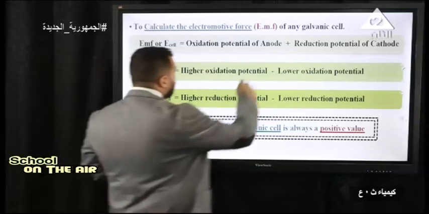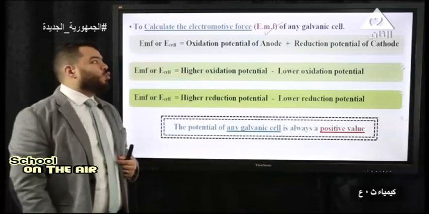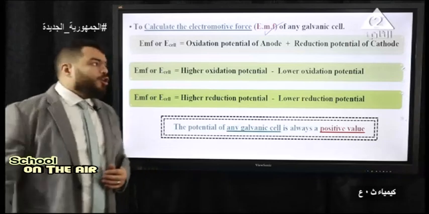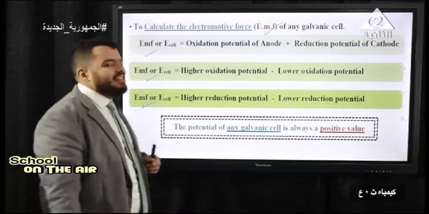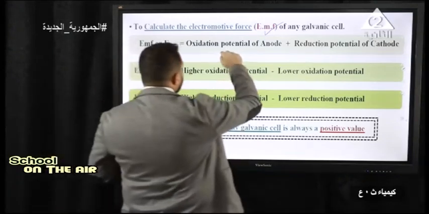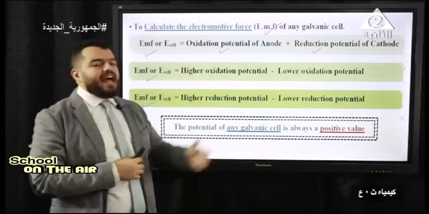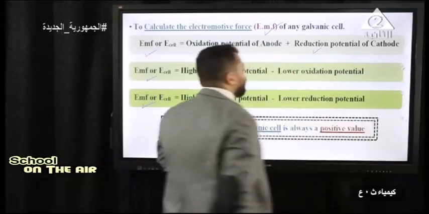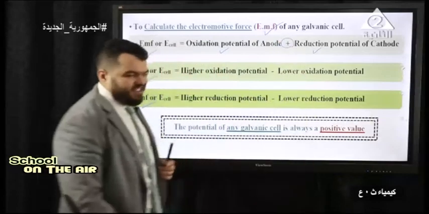Okay, how do you measure the electromotive force of any galvanic cell in a mathematical way? You will have to study 3 rules to measure the EMF of any galvanic cell. If I give you the oxidation potential of the anode, which will be oxidized, and the reduction potential of the cathode, which will be reduced, you have to add them to each other.